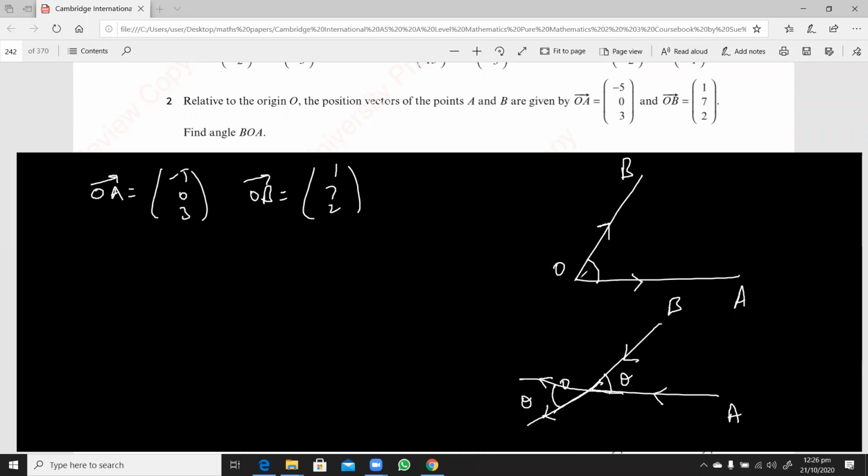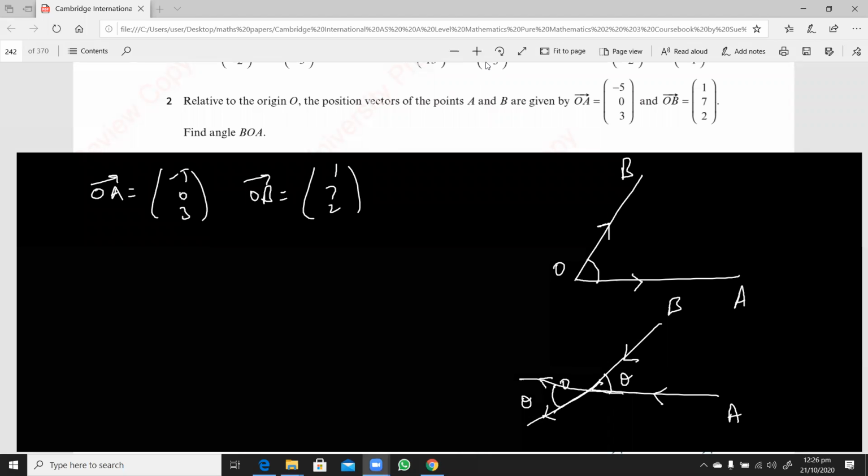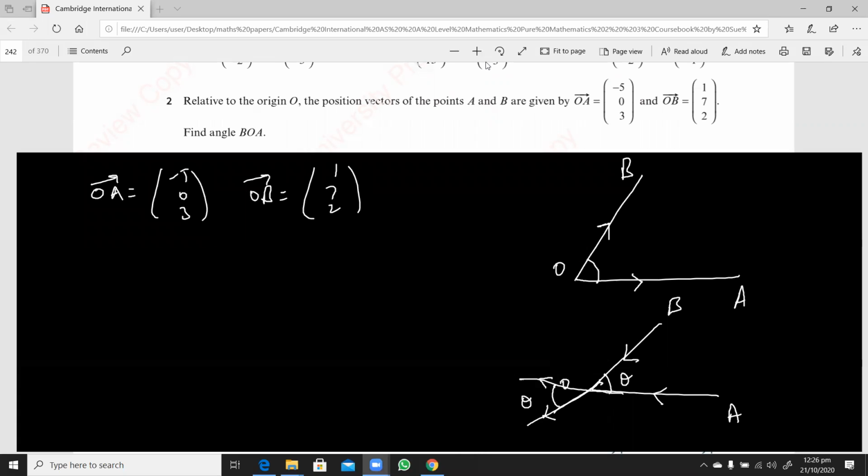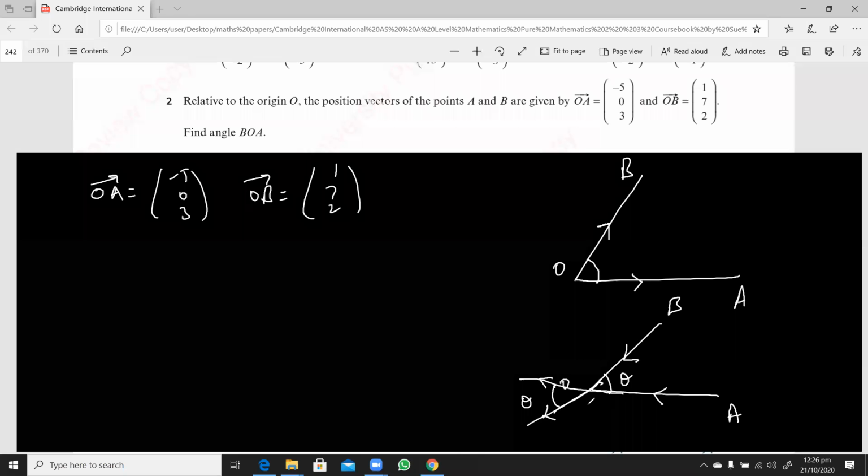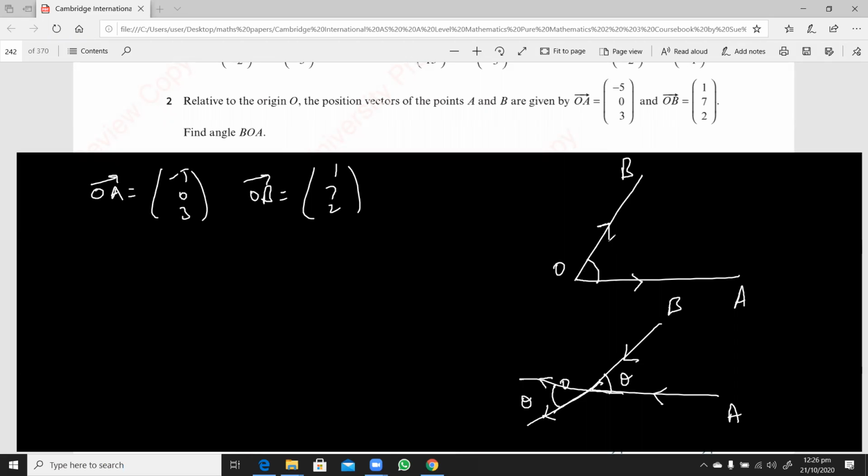So the directions of the vectors, you should note it down. The directions of the vectors between which you're going to find the angle should either both be directed towards the vertex, or both be directed away from the vertex. Like this is OB and OA, the vectors are directed away from the vertex.